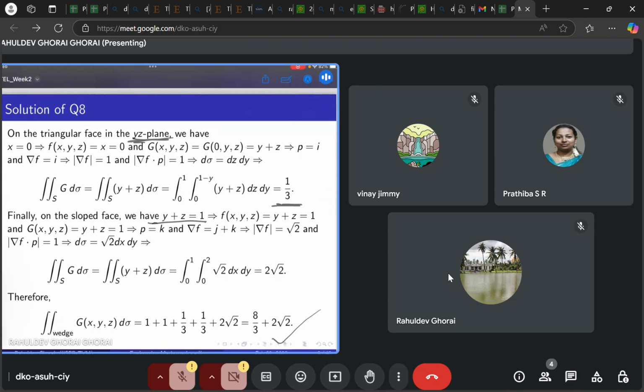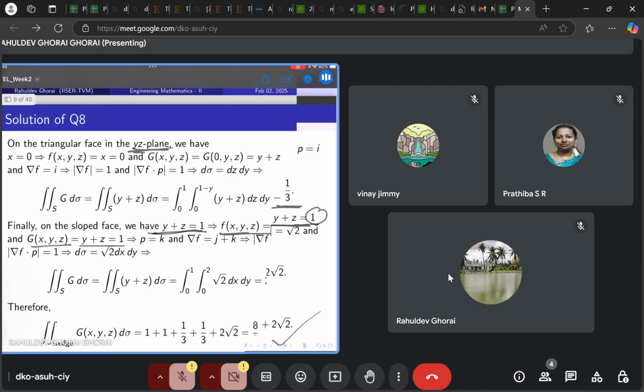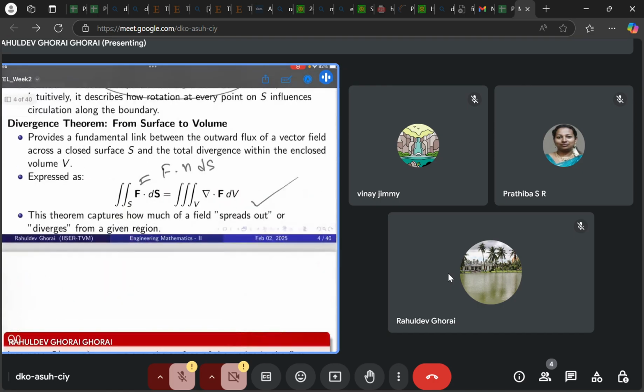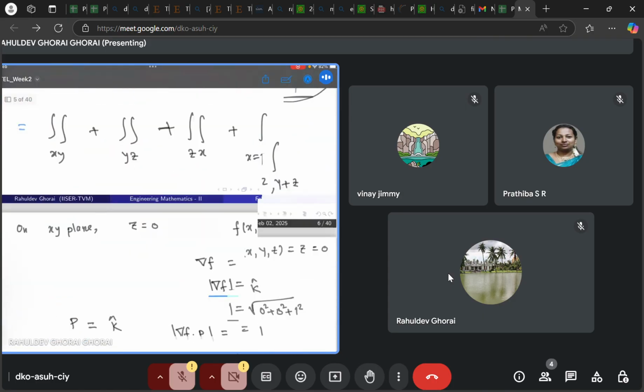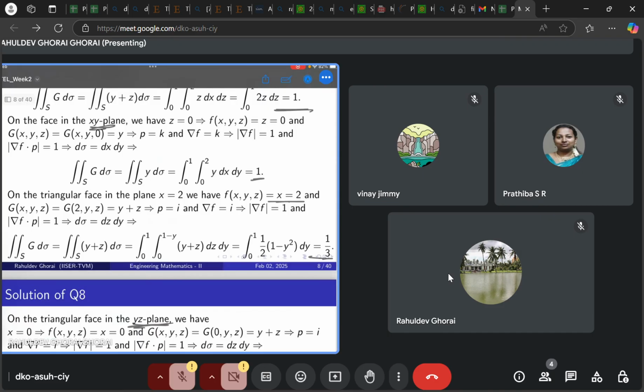Because y plus z equal to 1 means f(x,y,z) is y plus z equal to c, where c is 1 here, and g(x,y,z) is y plus z. These two are the same here, but it's not always the case.